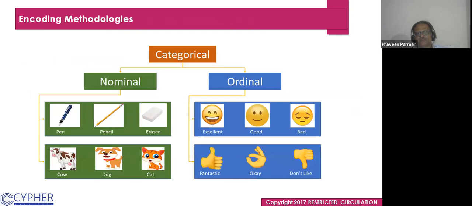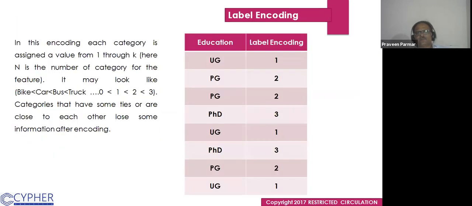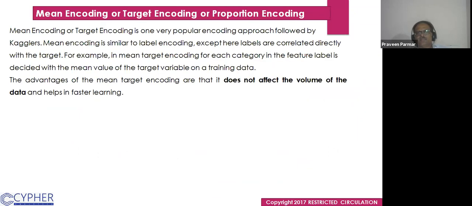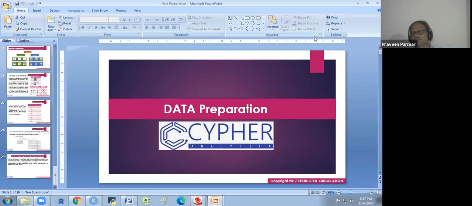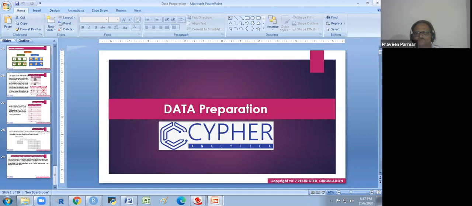There are nominal, ordinal, one hot encoding, label encoding, frequency encoding, proportion encoding, and target encoding. This we do in logistic regression, target encoding. So you will be sharing this as well? Yes. Okay, fine.